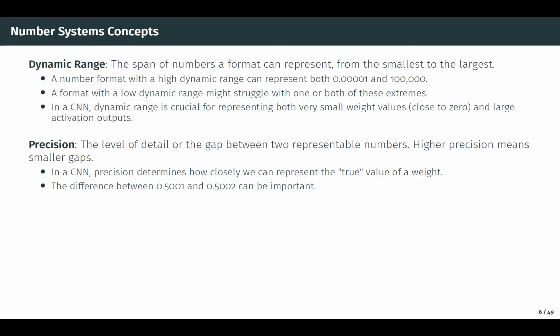For example, 0.5001 and then 0.5002 can sometimes be very important in a convolutional neural network. If the number system doesn't have these in the set of numbers it can represent, then we lose these two representations in the network, and this affects accuracy. So these two concepts are important when selecting the number format to use.